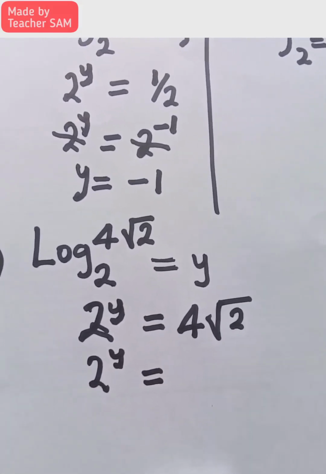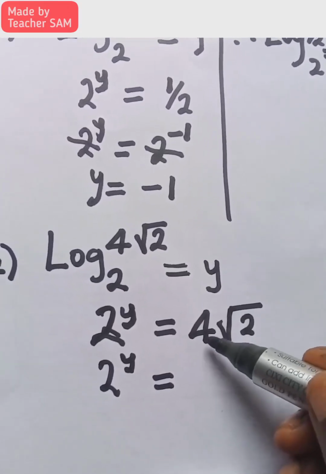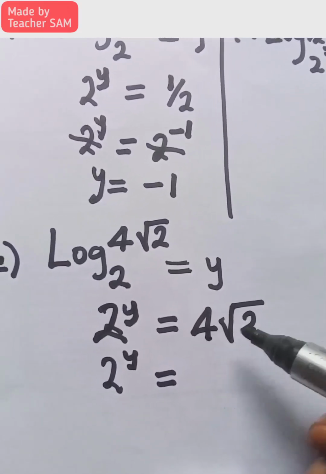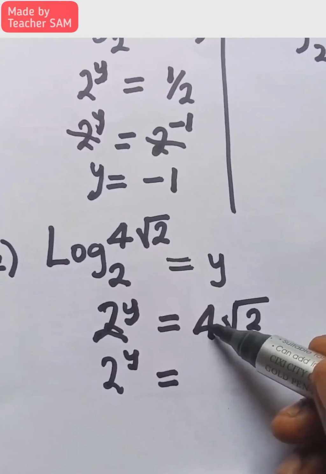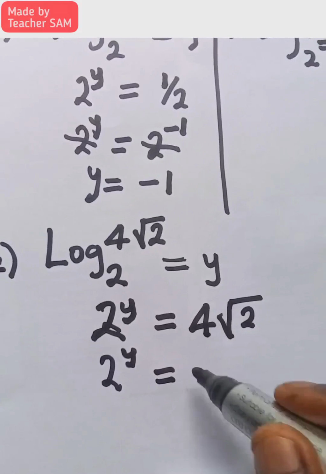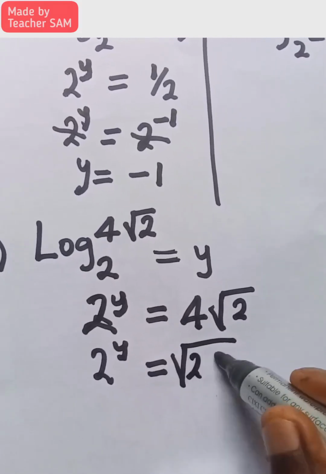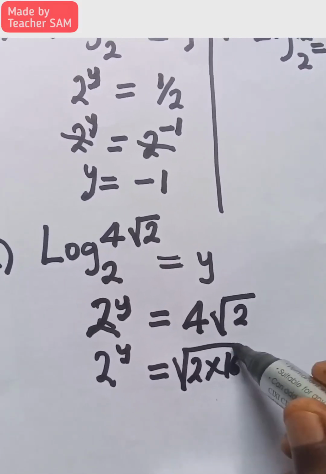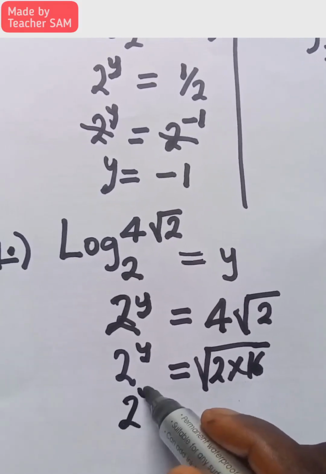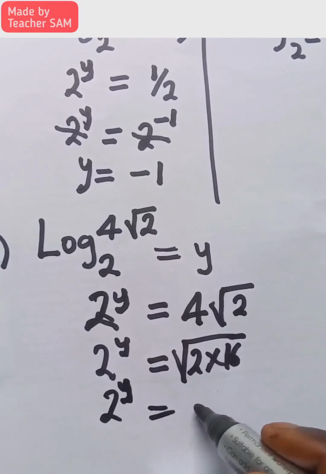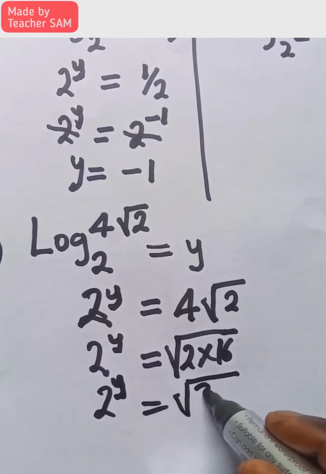Now from the laws of surds, if we are to push this 4 inside the square root, we have to square this 4. So 4 squared is 16, so we'll put it there. That will be root 2 times 16, which is 4 squared. So that will now be 2 raised to power y equals to root 32.